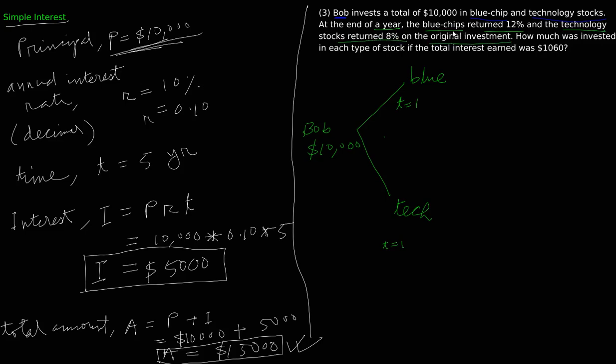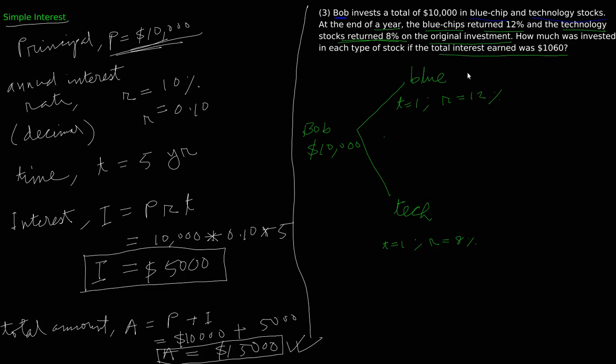That means the blue chip is paying a 12% interest rate, so R for blue chip is 12%, and for the technology stock R is 8%. How much was invested in each type of stock if the total interest earned is $1,060?